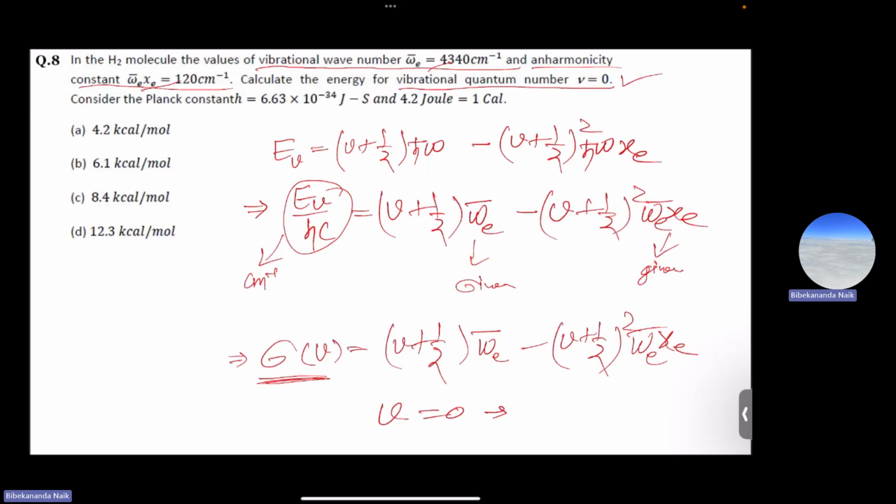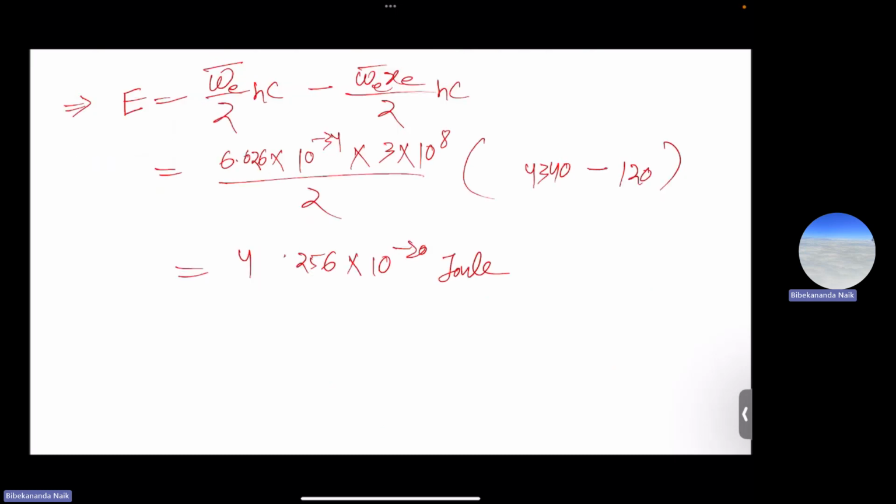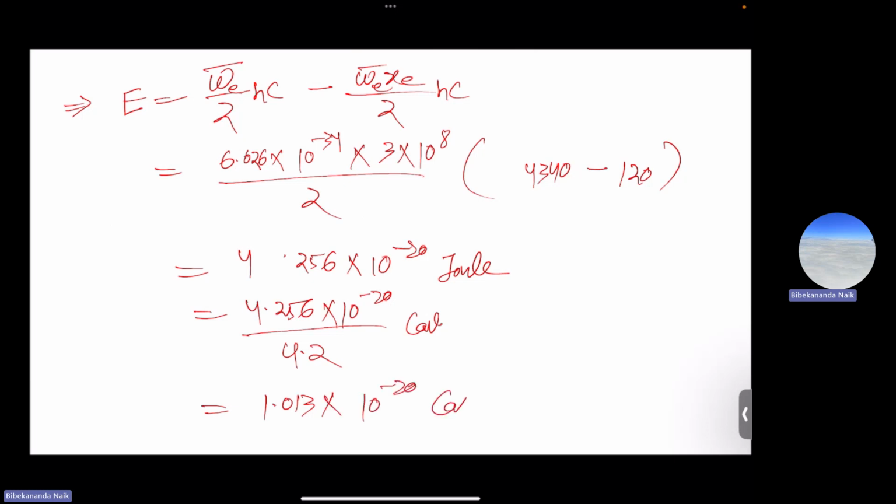But if you see, the options are in kilocalorie per mole. So in order to convert it to calorie, we know 1 calorie is 4.2 joule. So we will divide it by 4.2. So it will be 4.256 into 10 to the power minus 20 divided by 4.2 calorie, or 1.013 into 10 to the power minus 20 calorie.